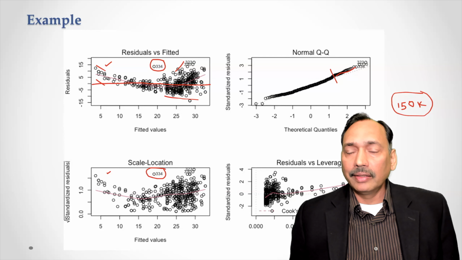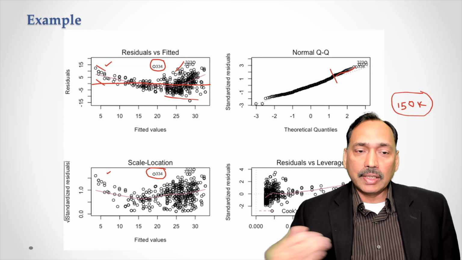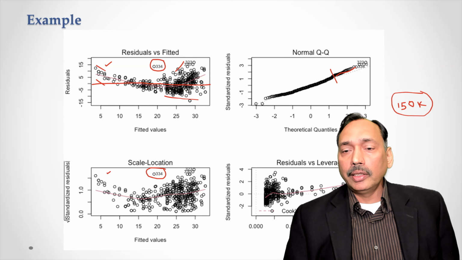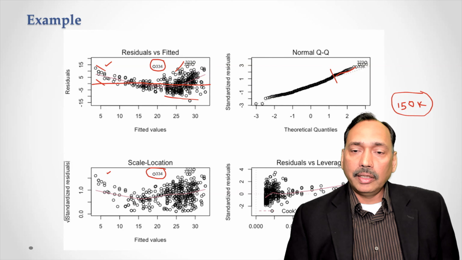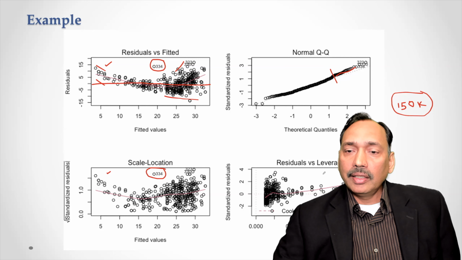Even if we are not able to investigate and we don't know the source of how this data was collected, even if we have to leave it within the model, it's not going to harm us in a big way, because the fourth plot doesn't flag it.